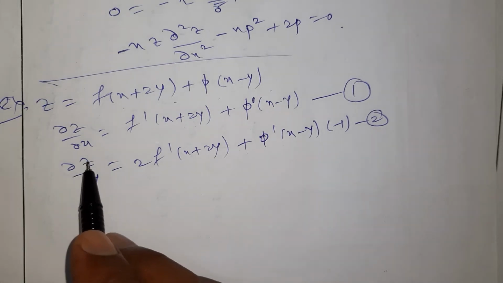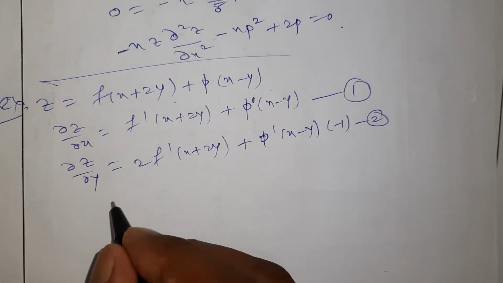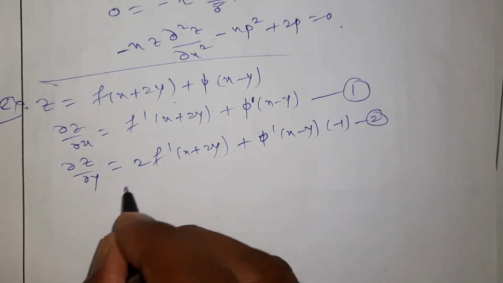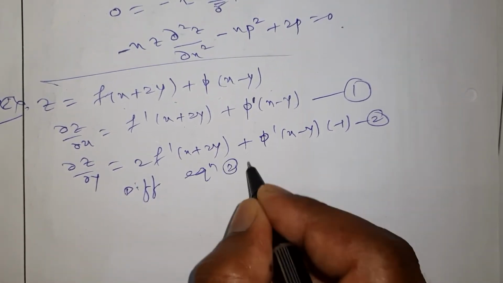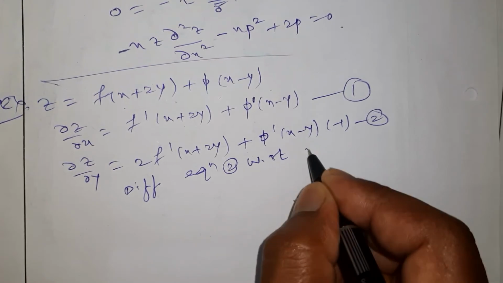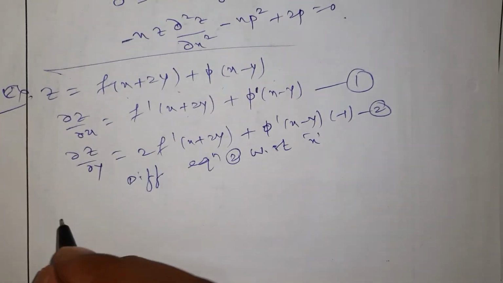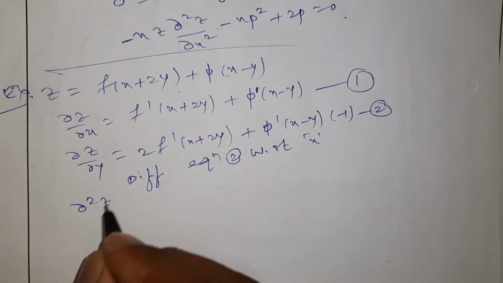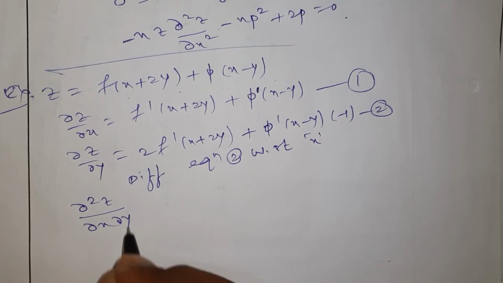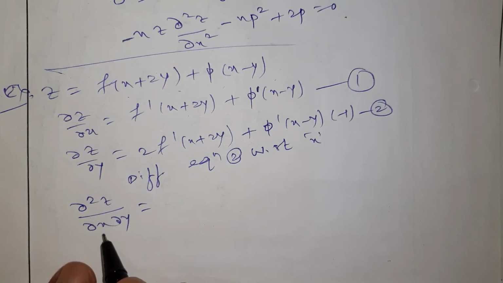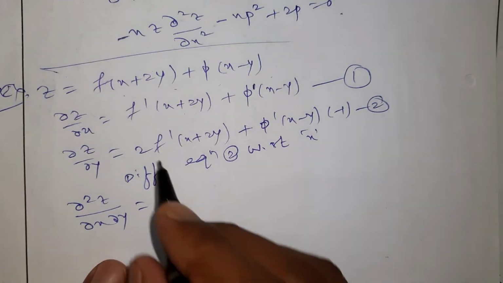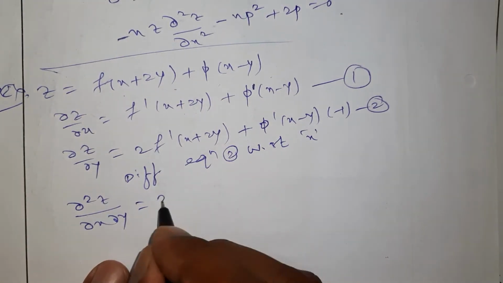Differentiate this dou z by dou y with respect to x. Differentiate equation 2 with respect to x. So what do I get? dou square z by dou x dou y. The derivative of dou z by dou y with respect to x we are going to take. The 2 stays as it is.